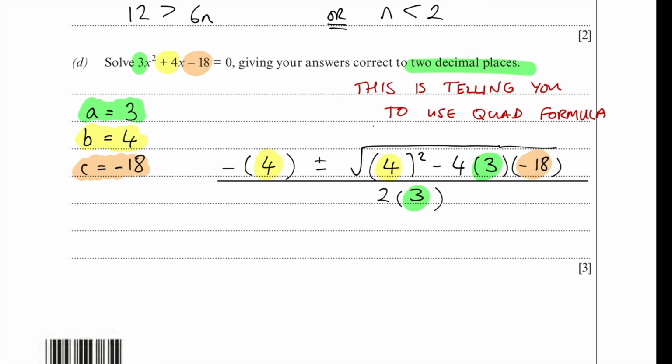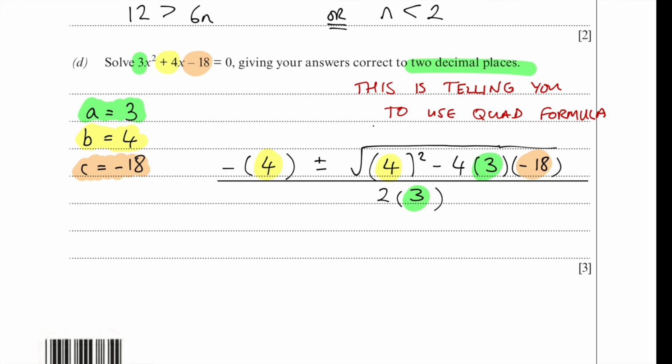So when you then stick these values into your formula, we've got minus b, so that's minus brackets 4, close brackets, plus or minus the square root of 4 squared minus 4ac, so 4 times 3 times minus 18, all over 2a.